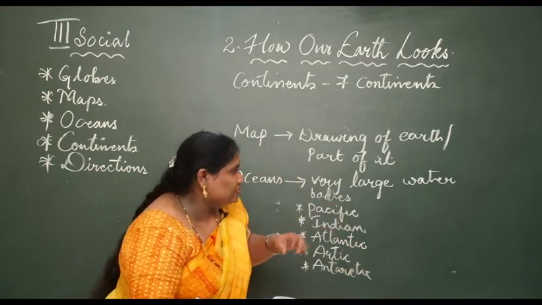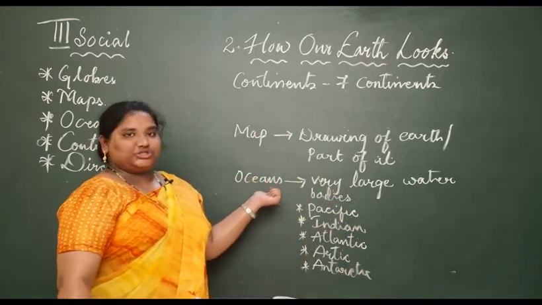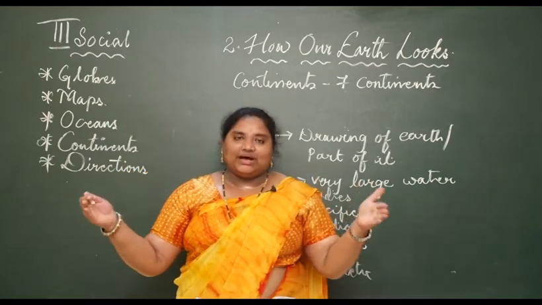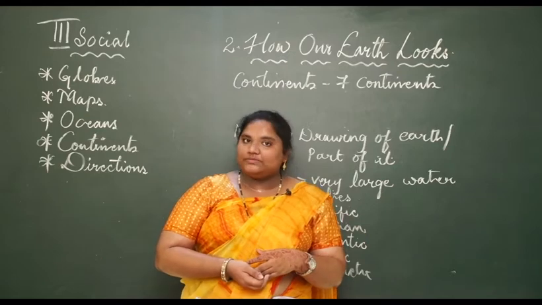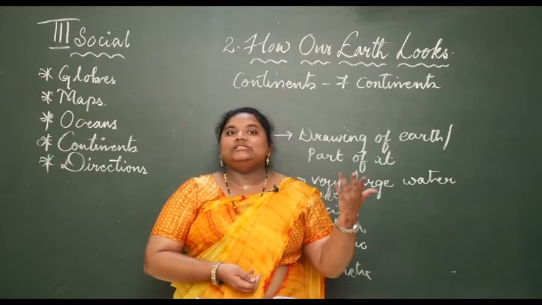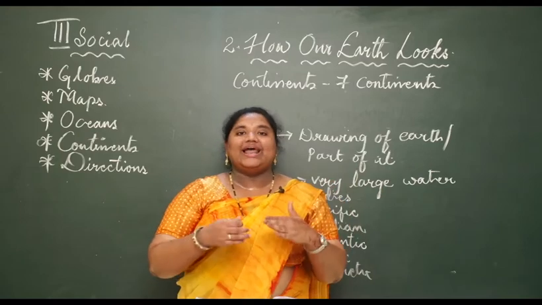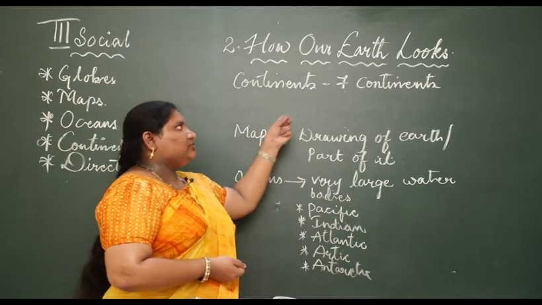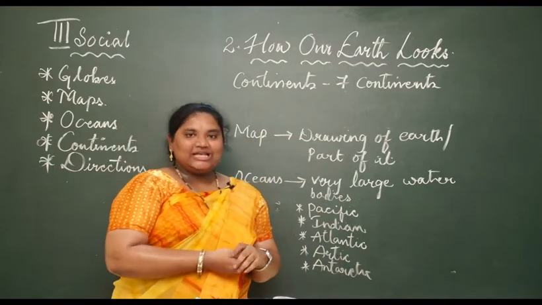As you see, oceans are very large water bodies. Continents are very large land masses where you can grow crops, construct buildings, and find plateaus, hills, mountains and everything. A very huge land part is called a continent. So we have 7 continents.